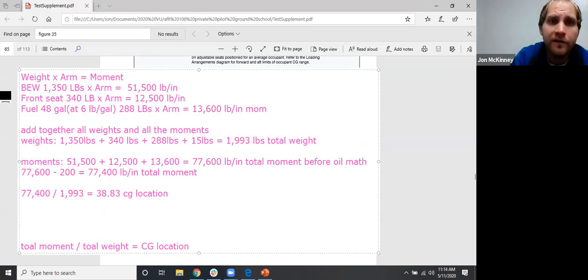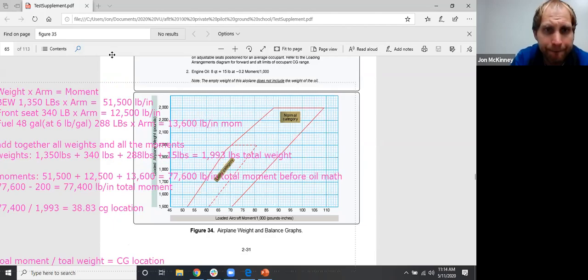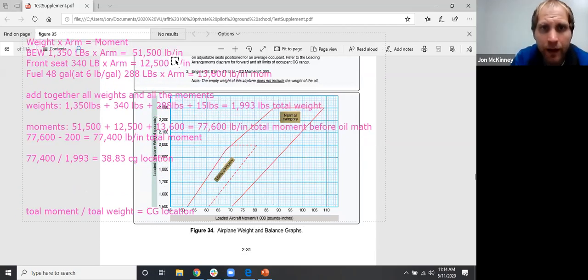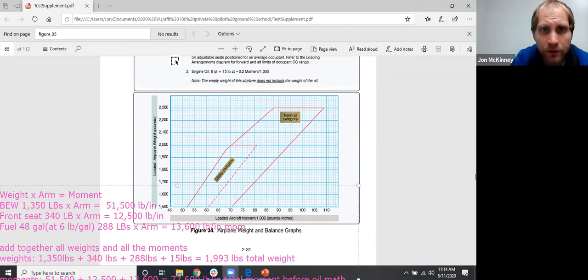Okay. So what we're going to do is try to see what it looks like to line those numbers up with the chart. I'm going to draw in this case. Our weight was 1,993, which is dang near 2,000. So here's about 2,000. We're going to be somewhere along that line, roughly. And then we said our moment was 77,400.